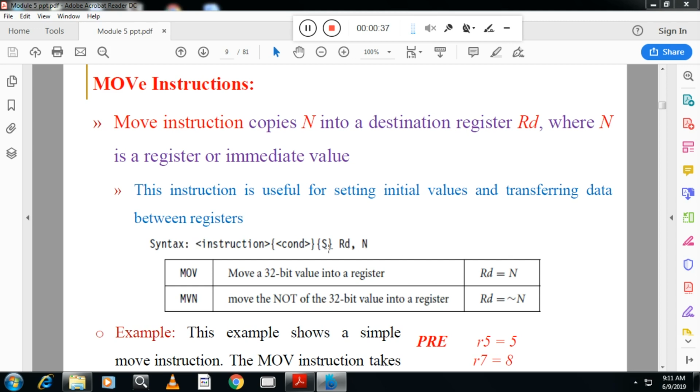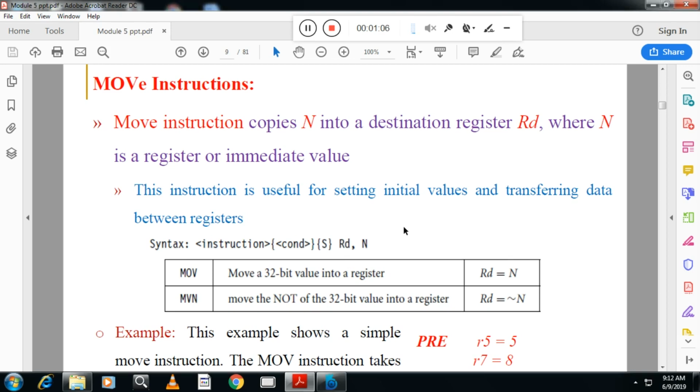The syntax of the move instruction: instruction followed by condition, followed by s, followed by operands. As I said, s is a suffix you have to add if you want to update the flag register. So move, where RD is the destination register and N is the source register or a constant value.